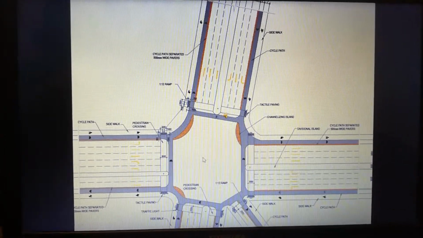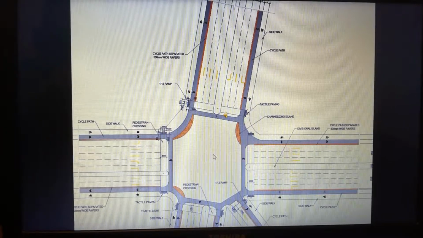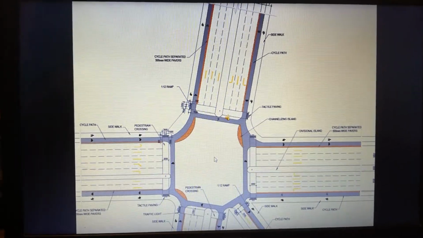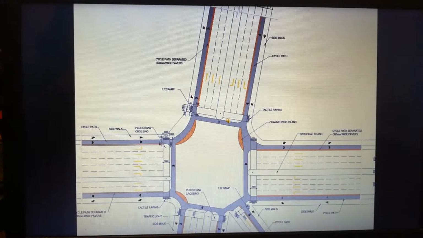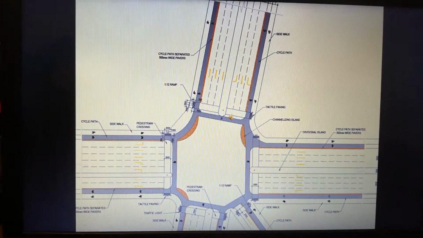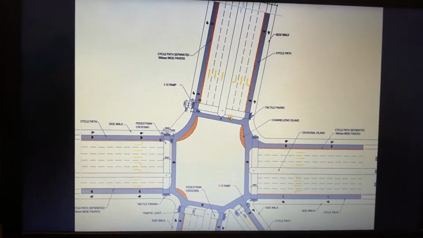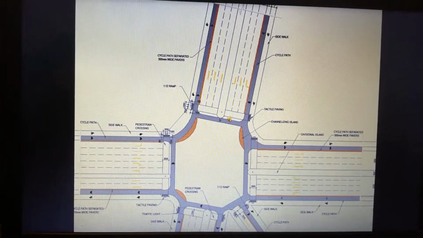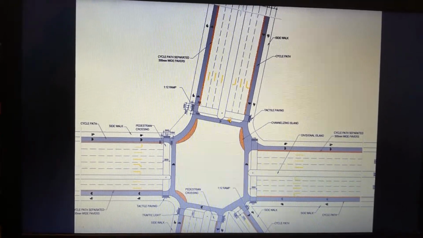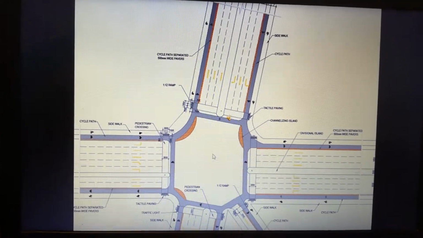This intersection is quite a huge, complex intersection, which has high traffic volumes, which are traveling at high speed. Therefore, the sidewalk needs to be separated at grade from the actual road. We've also got channelizing islands there, but they serve two purposes.